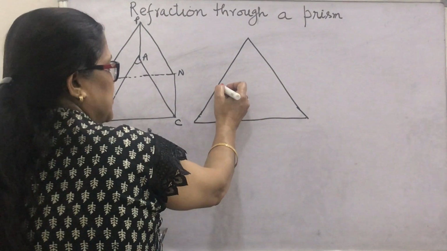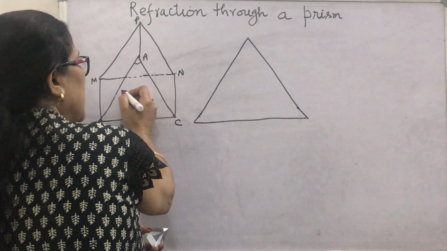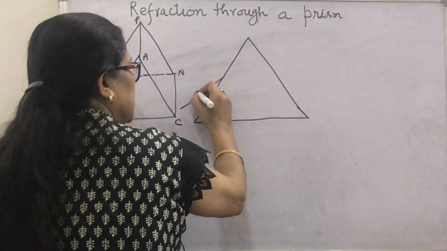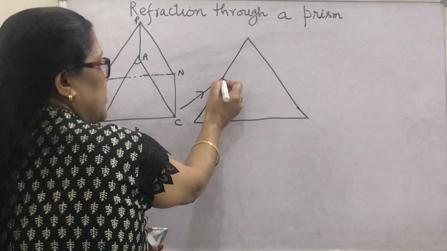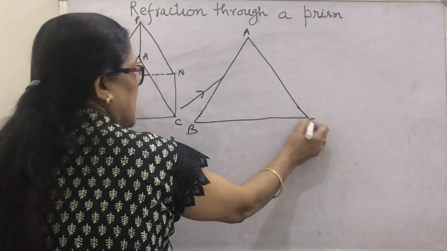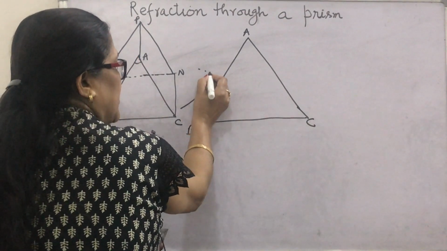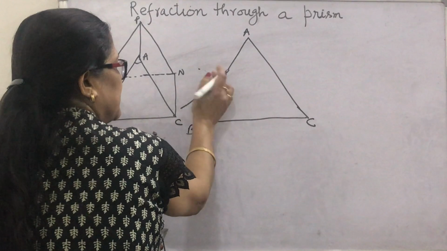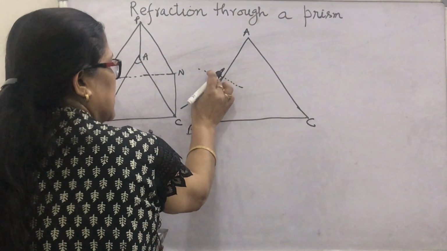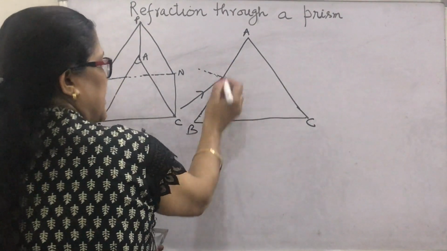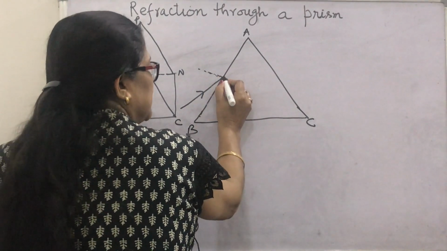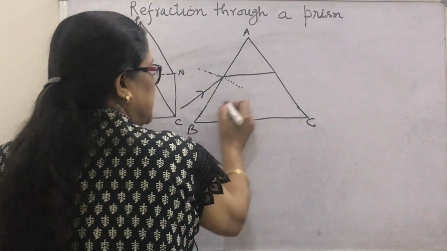Here I will show you that if the ray is incident at this surface like this, okay, then what will happen at this surface? I put its name ABC. If you draw the perpendicular normal, then since the ray is moving from rarer to denser medium, the prism is made up of glass, its refractive index is suppose mu, then if the ray moves from air to glass, it moves towards the normal, it bends towards the normal.